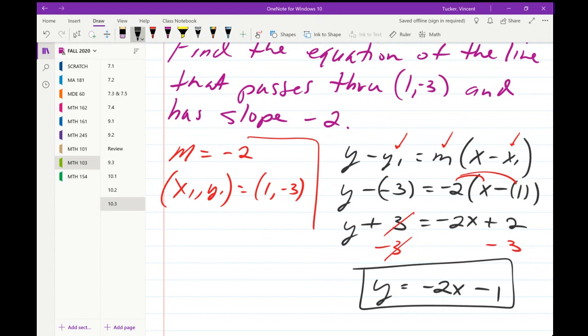So y is equal to -2x minus 1. All right. Questions? Any questions?